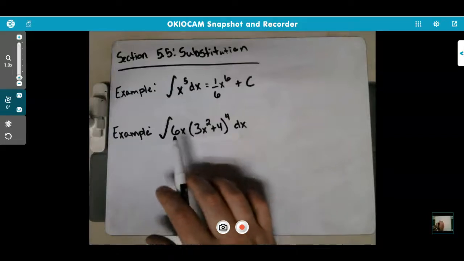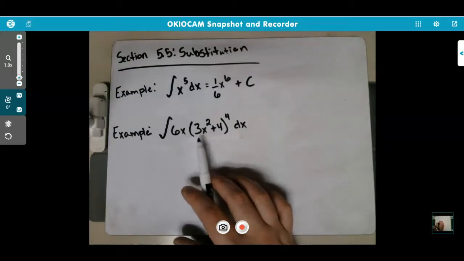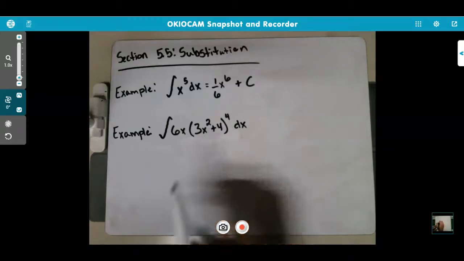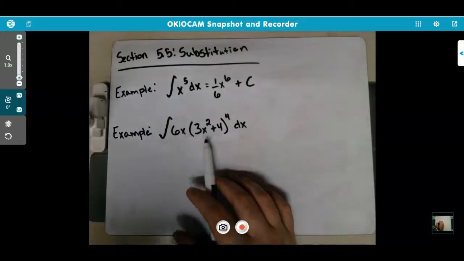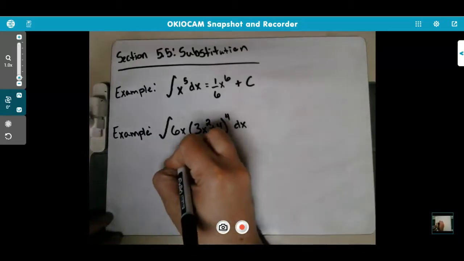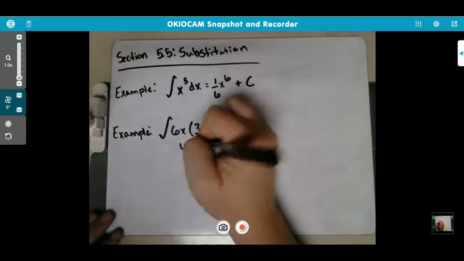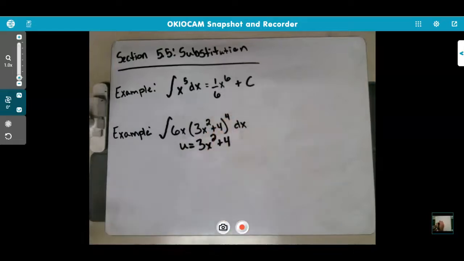Well, look what I have right here is 6x. So this means we did the chain rule with the inside stuff being 3x squared plus 4. So now that I see that, I'm going to let that be a u. So 3x squared plus 4 is going to be my u.